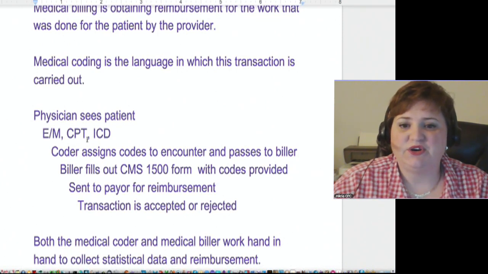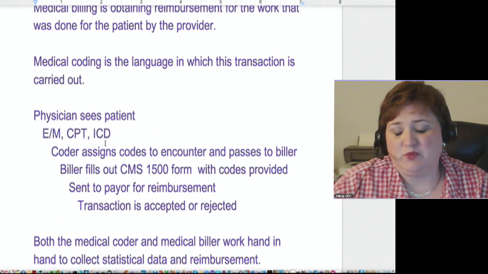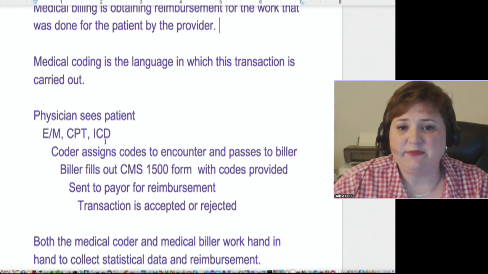Every procedure that he did gets a CPT code, and the evaluation and management is all CPT. Then the diagnoses that he gives her, diabetes and hypertension, those are ICD codes, diagnosis codes.